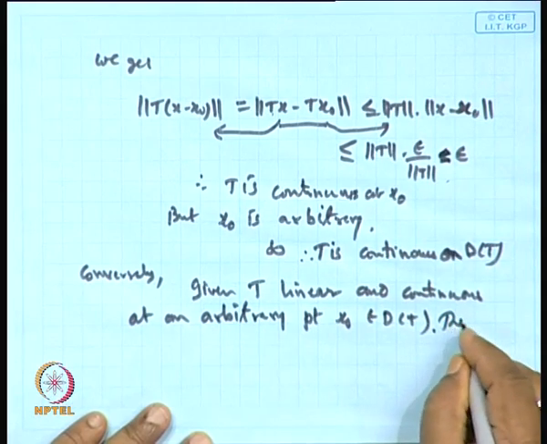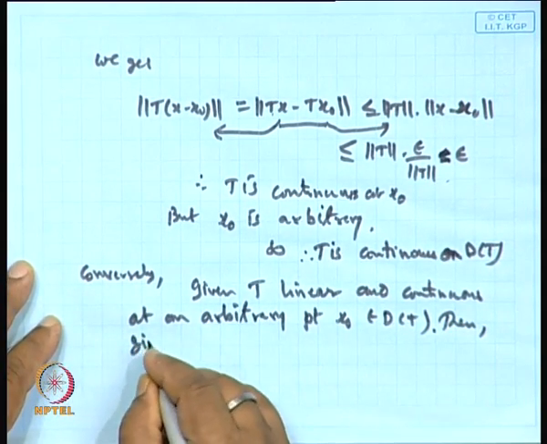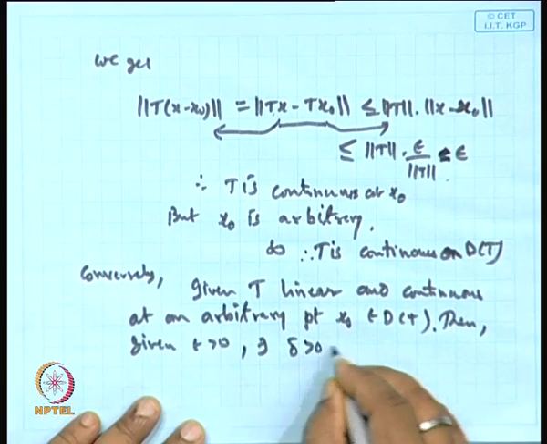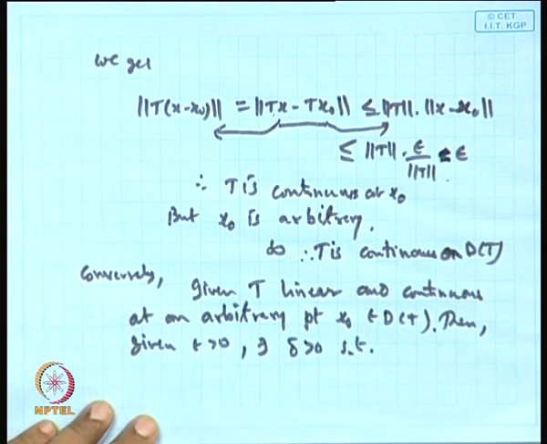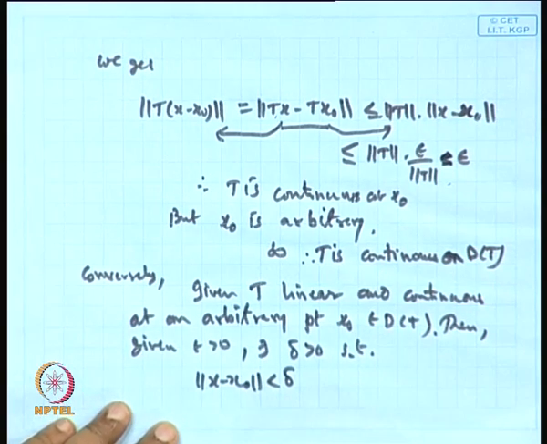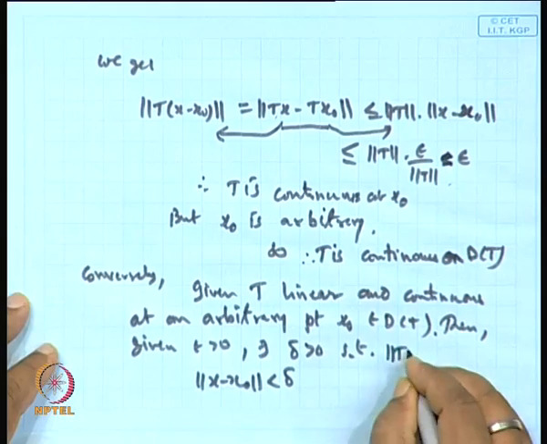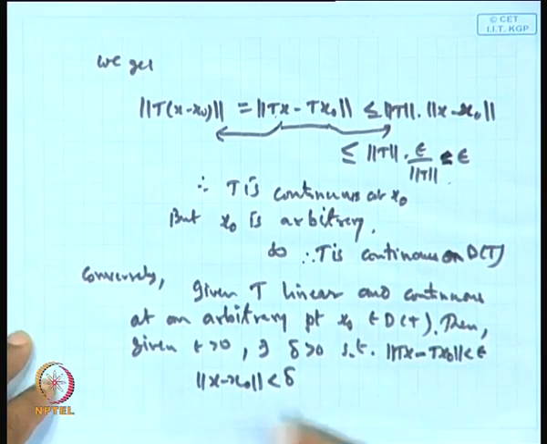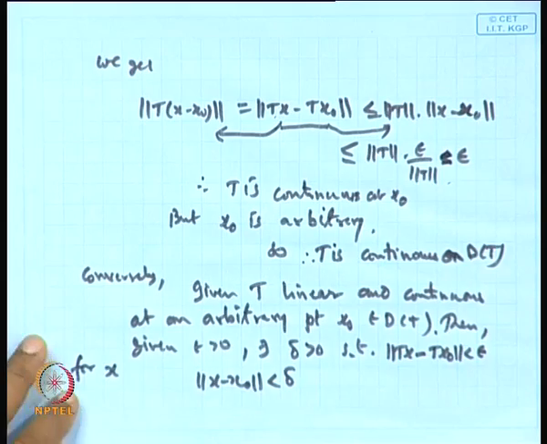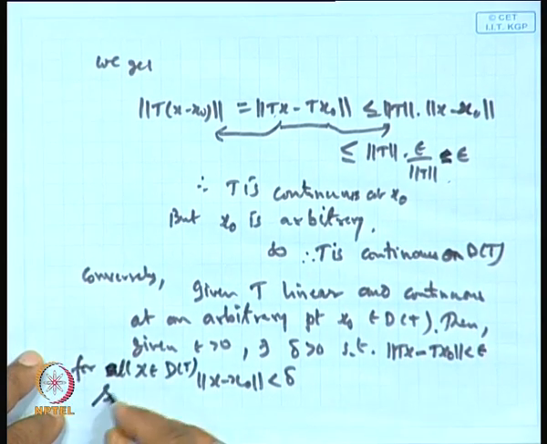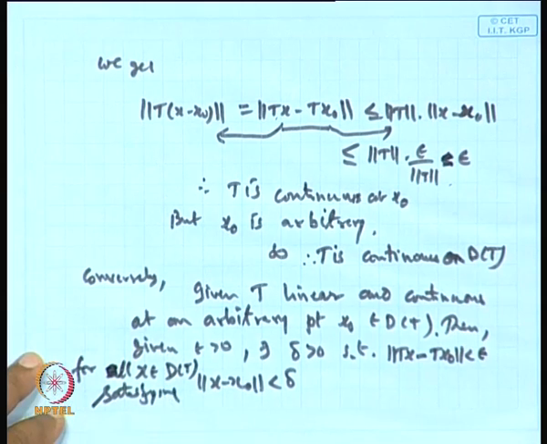So, by definition, for given epsilon greater than 0, there will exist a delta depending on epsilon such that norm of T x minus T x naught is less than epsilon for all x belonging to D(T) satisfying the condition norm of x minus x naught less than delta. This is by definition.